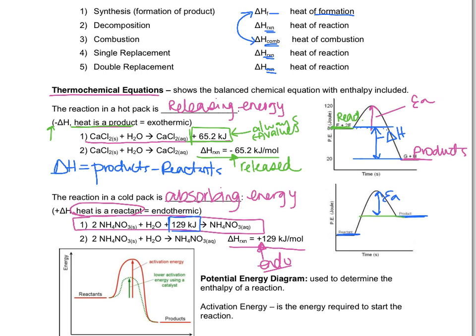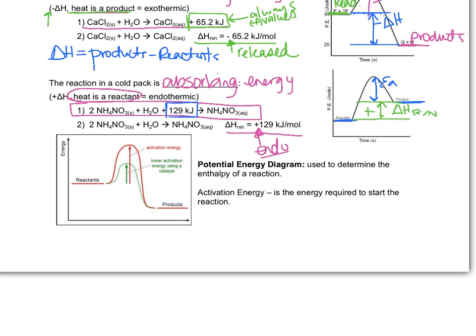But what we do care about is this difference right here. This is the delta H for the reaction. In this case, my overall energy went up, so it's positive. We know the enthalpy of the reaction is positive, which makes it endothermic. So potential energy diagrams can also be used to figure out if something is endothermic or exothermic. If we look at this potential energy diagram, it's just showing you a couple different ones.